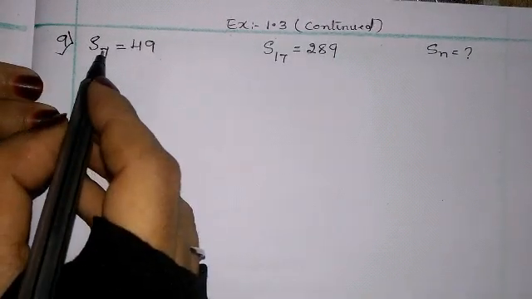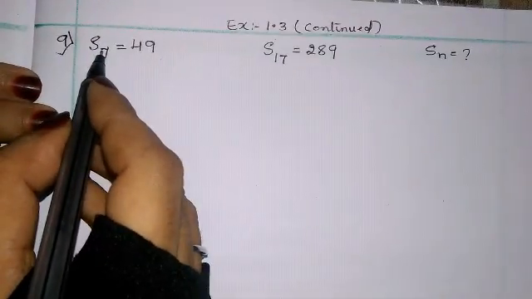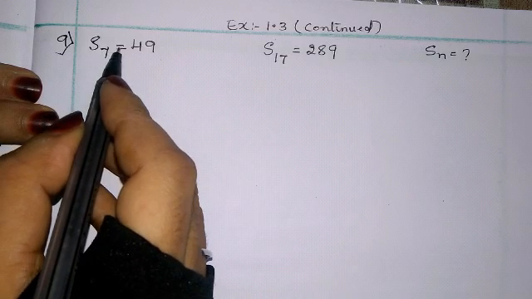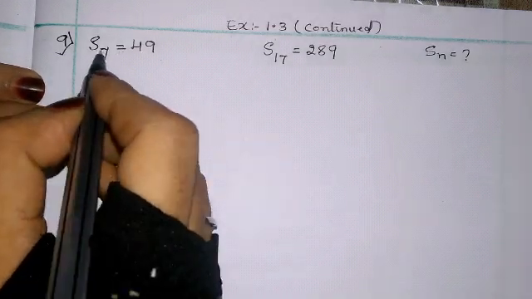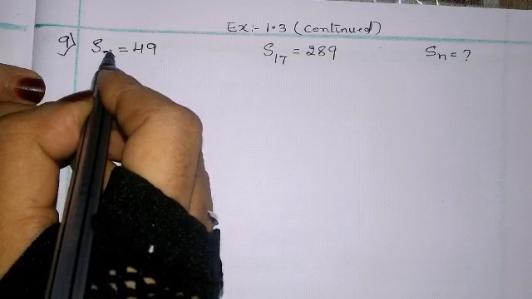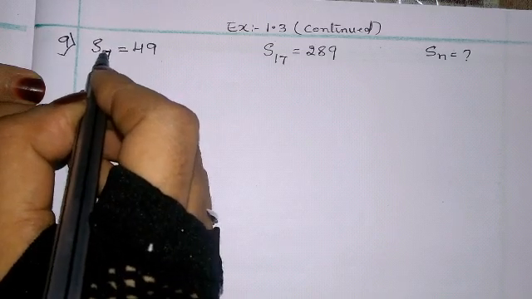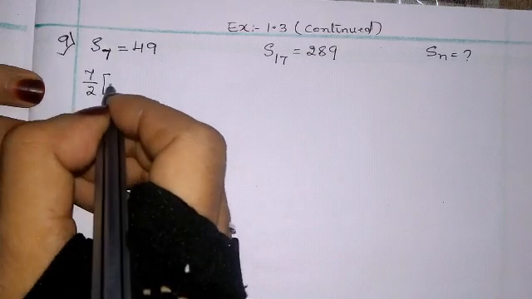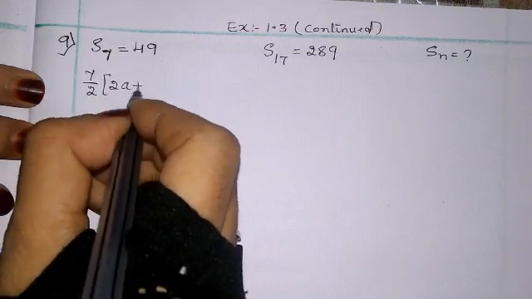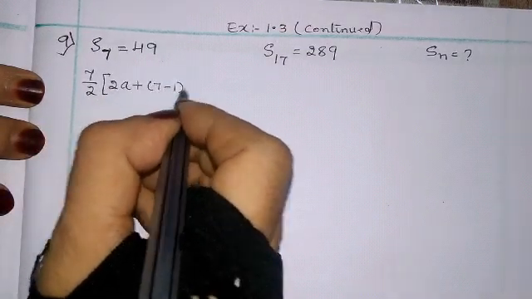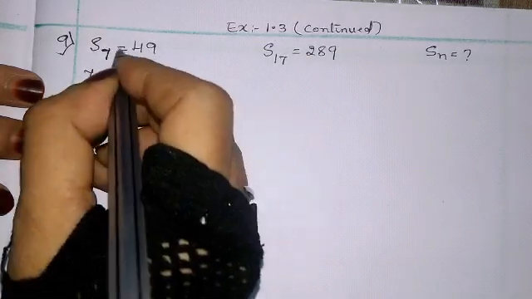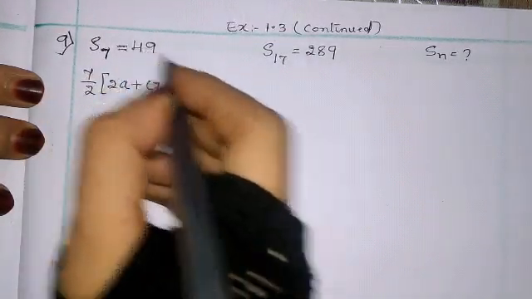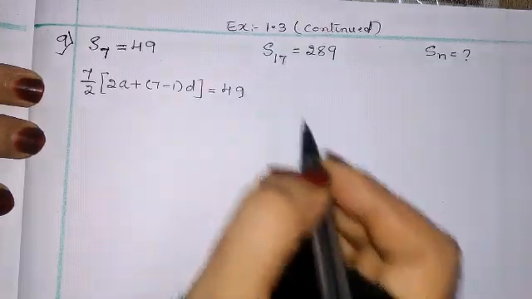We know the Sn formula. Sn is equal to n by 2 times (2a plus (n minus 1)d). In place of n, I'll write 7. 7 by 2 times (2a plus (7 minus 1)d) is equal to 49.